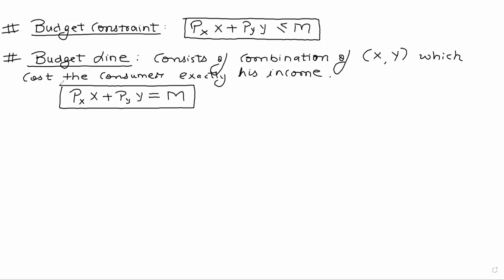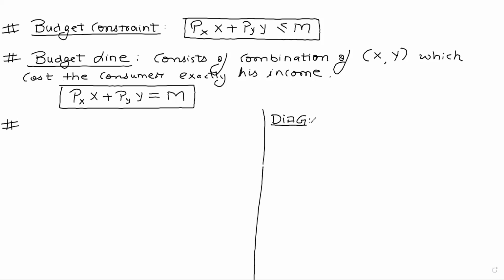So now from the budget line, we can calculate the horizontal and the vertical intercept, and we can also work out the diagram on the right hand side.